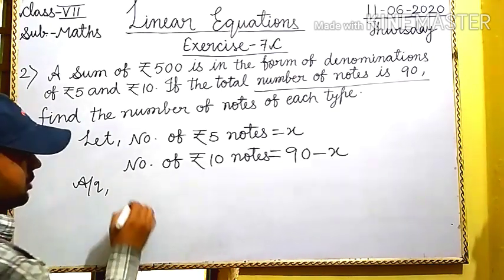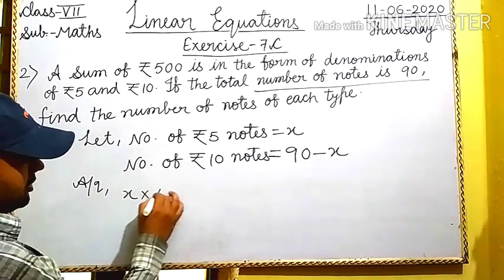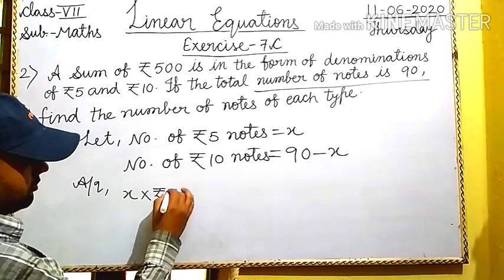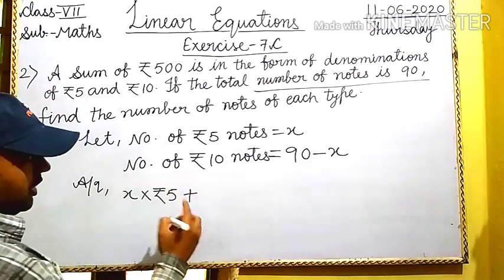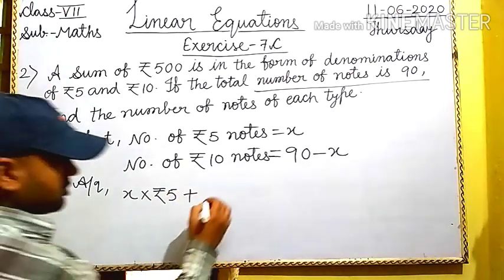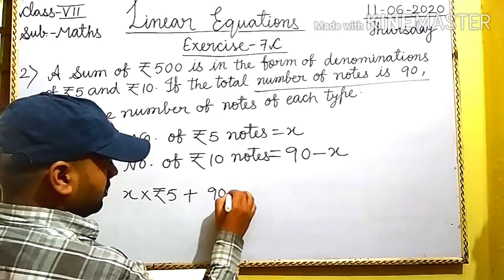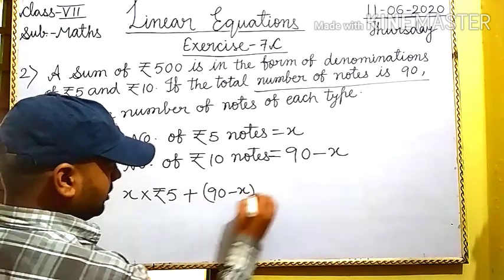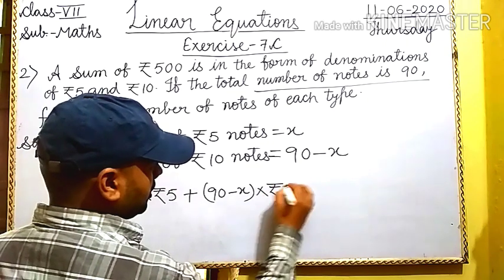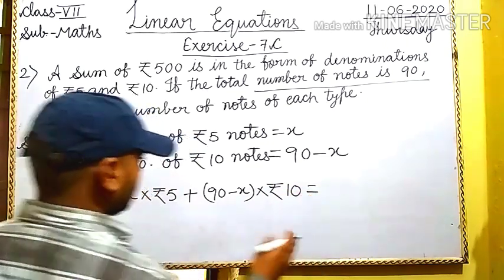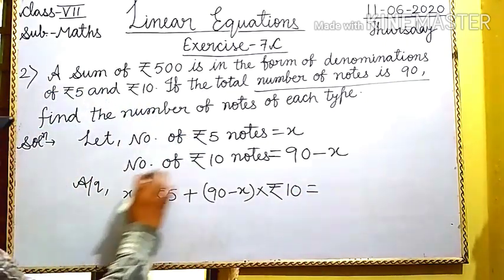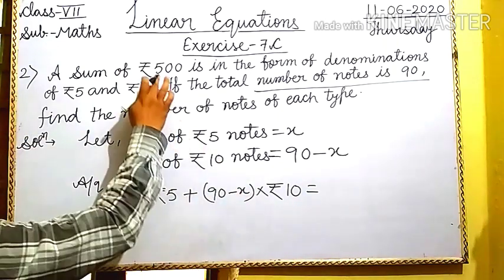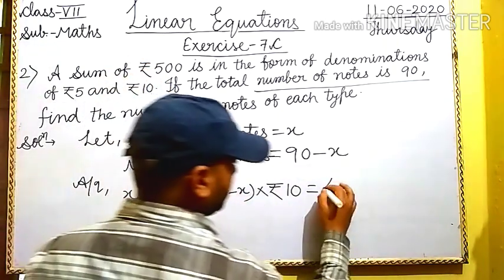here 5 rupees notes are x, so x into 5, plus the 10 rupees notes, 90 minus x into 10 rupees, completely denominated, is equal to 500 rupees.